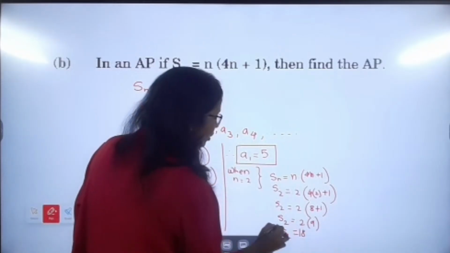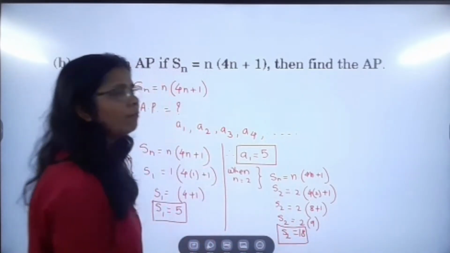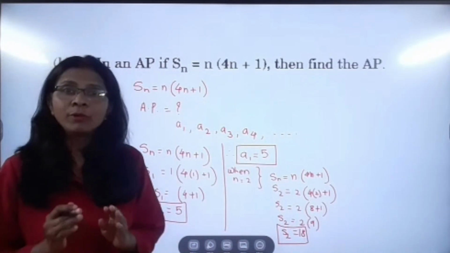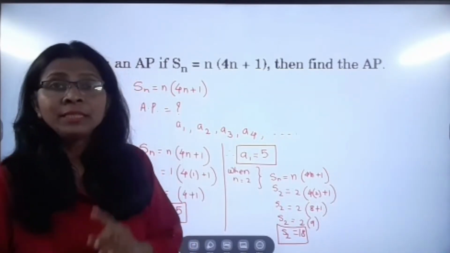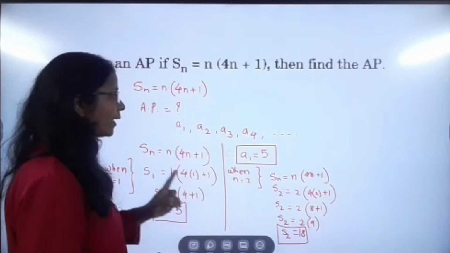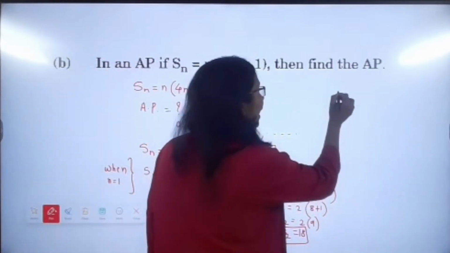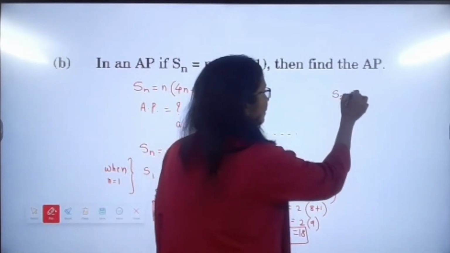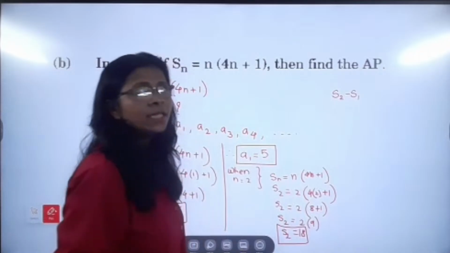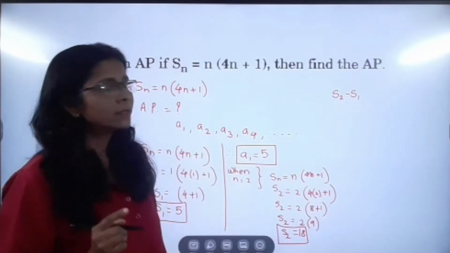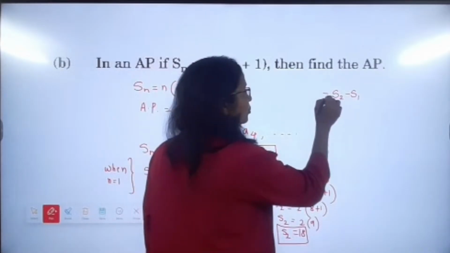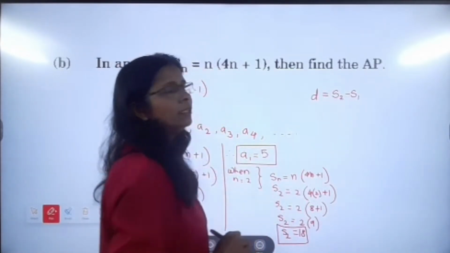So now here, students, we have S2 is equal to 18. So how can we get the second term? We get the second term by S2 minus S1. After subtracting S2 minus S1, we can get the second term.